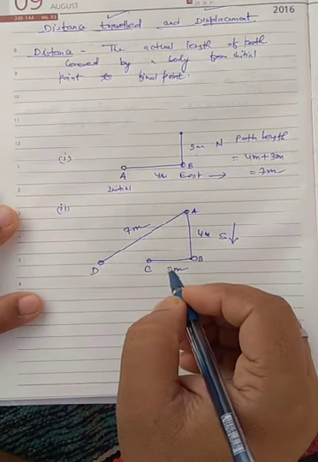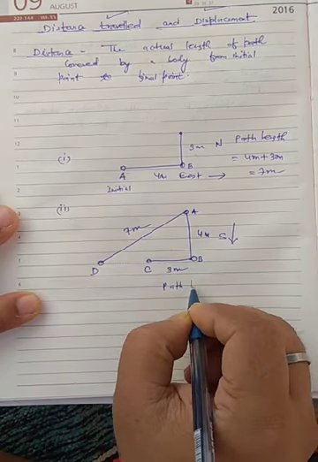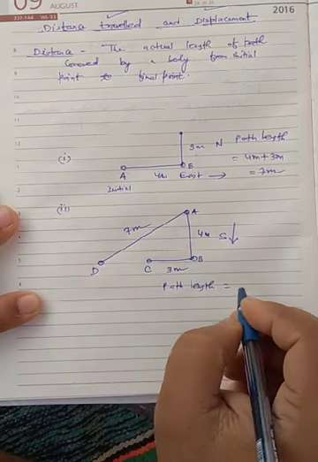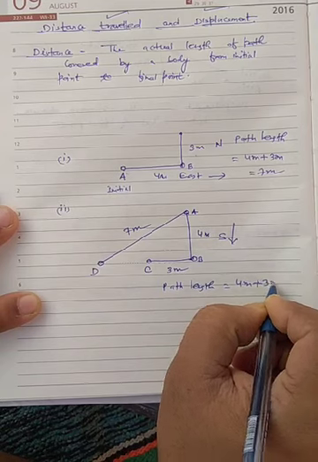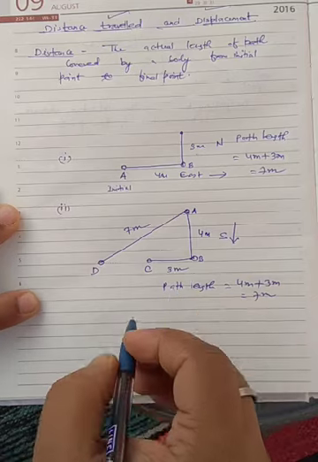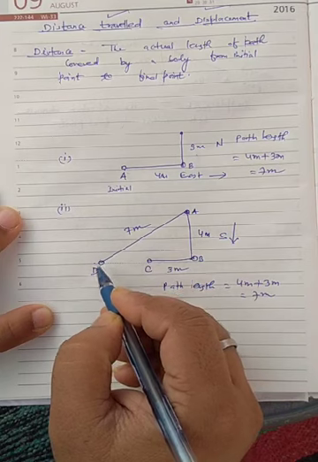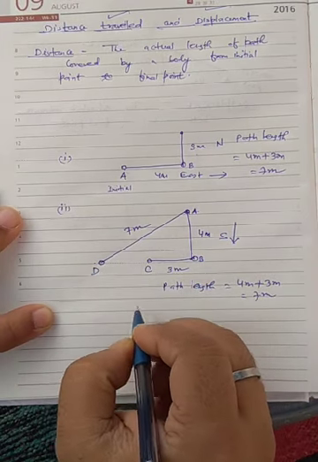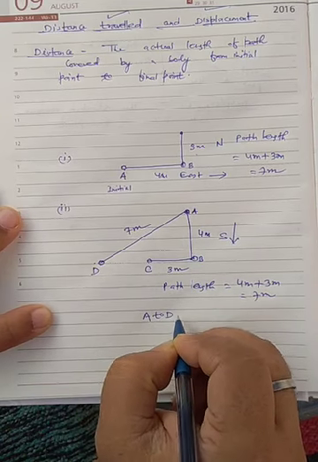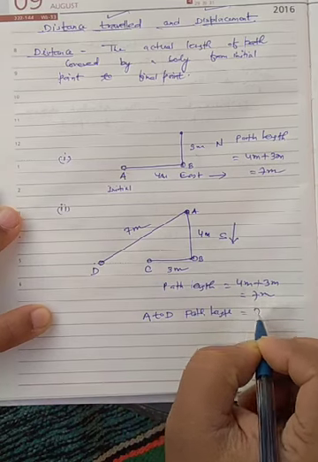In case number 2, what is the path length? Path length is again A to B and B to C. So 4 meter plus 3 meter, that equals 7 meter, right? Whereas when a body goes from A to D, the path length is 7 meter.